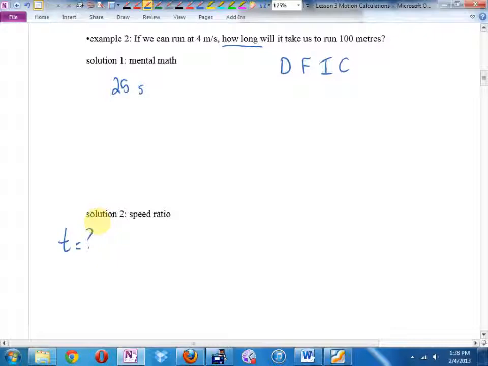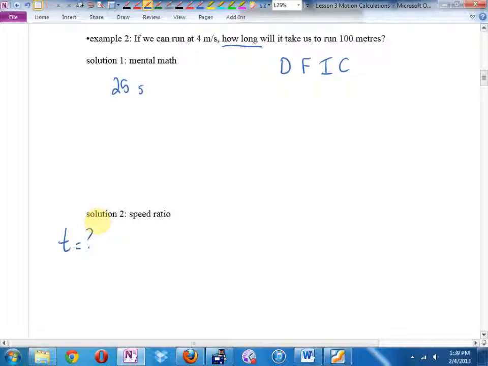Then I would start looking for numbers with units to see what they gave me. As I blaze through this question, the first thing I see is the number what? 4. What are the units next to the number 4? Hey, what is that? Is that a time, a speed, or a distance? How do you know? Meters?